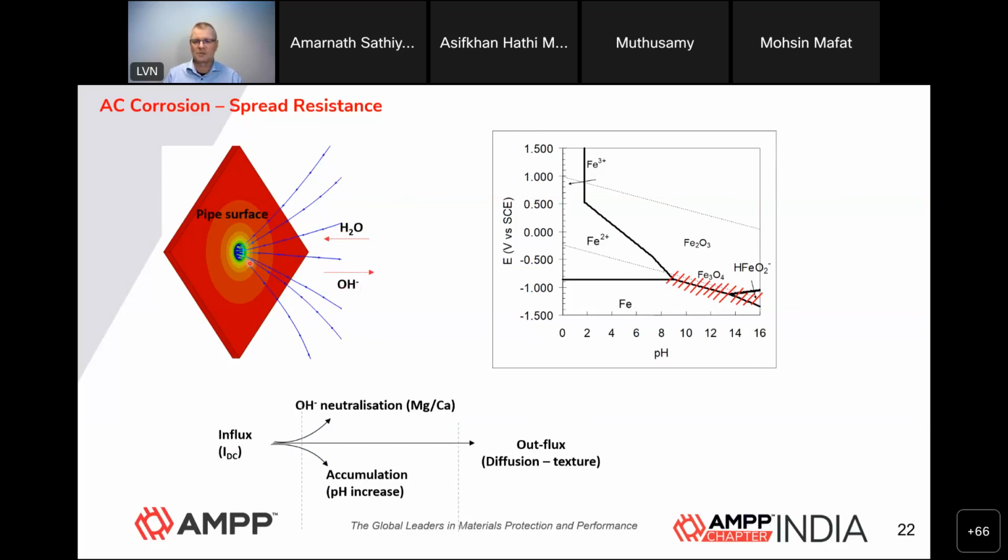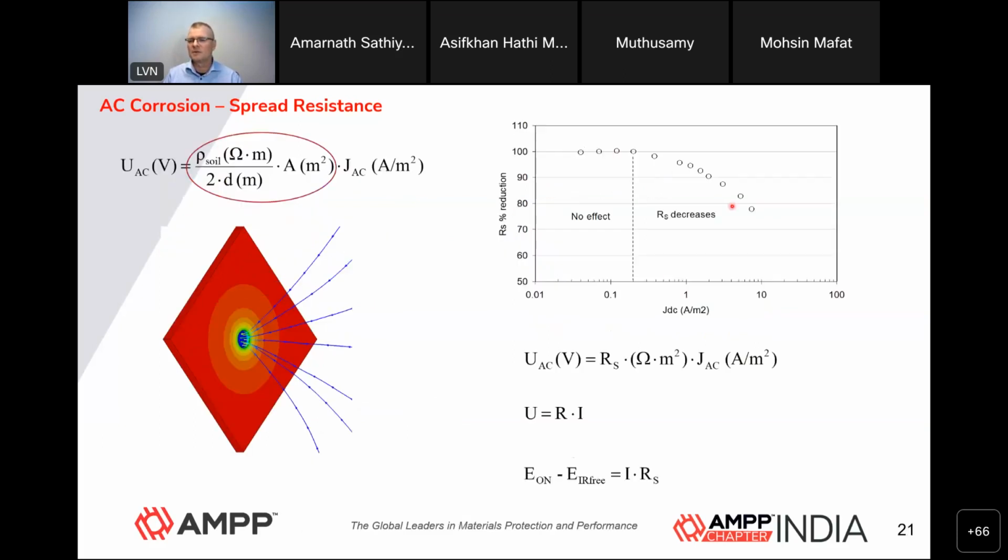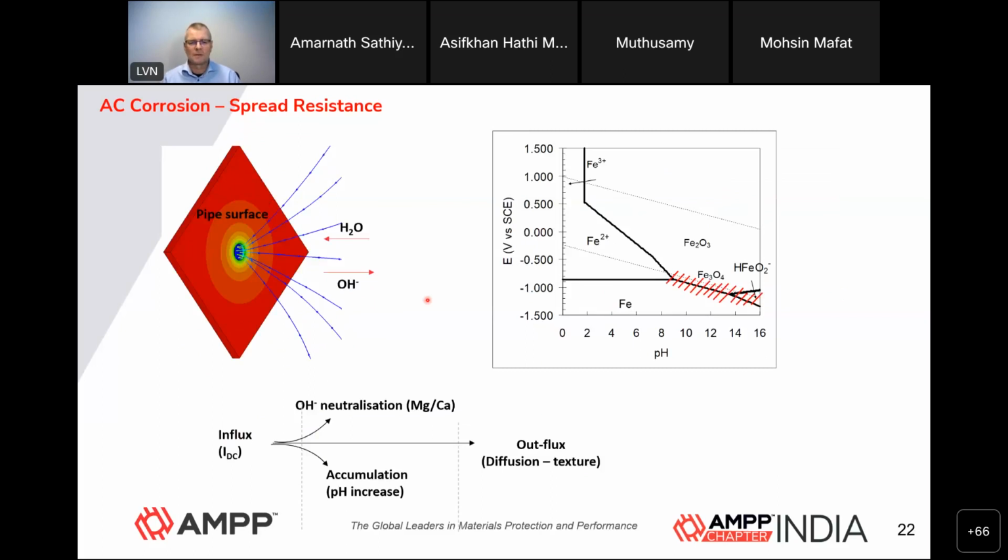And this is what is causing the decrease in spread resistance here. So eventually, when you have created a whole lot of OH-, you have a very low spread resistance and your AC current is increasing, and you reach a point where you enter this very high pH corrosion area, and typically this is what gives you AC corrosion.